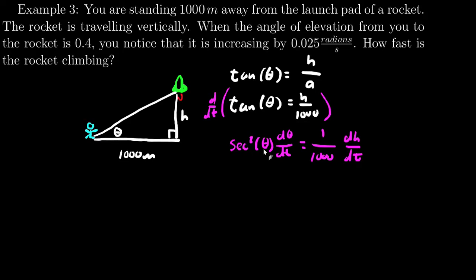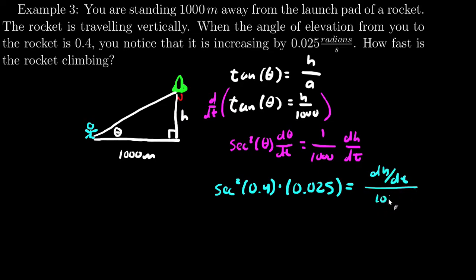The current angle of elevation is 0.4, so I'll do secant squared 0.4. The rate of change of the angle of elevation, it's increasing by 0.025 radians per second. So I'm going to multiply this by 0.025 radians per second, and that will equal this divided by 1,000. So dh/dt, I want to find how quickly it's going up.